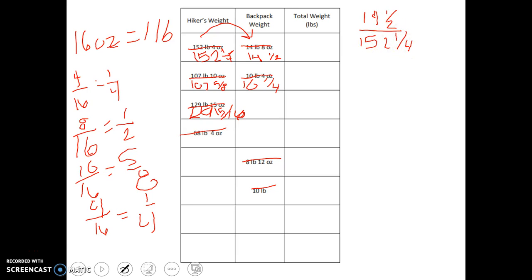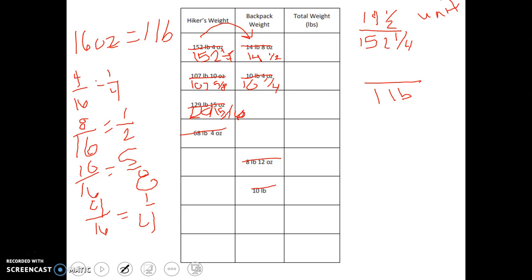To find out that unit rate. We want to know, for every pound that they have, how much weight should they be carrying? So how are we going to do 14.5 divided by 152 and 1/4?